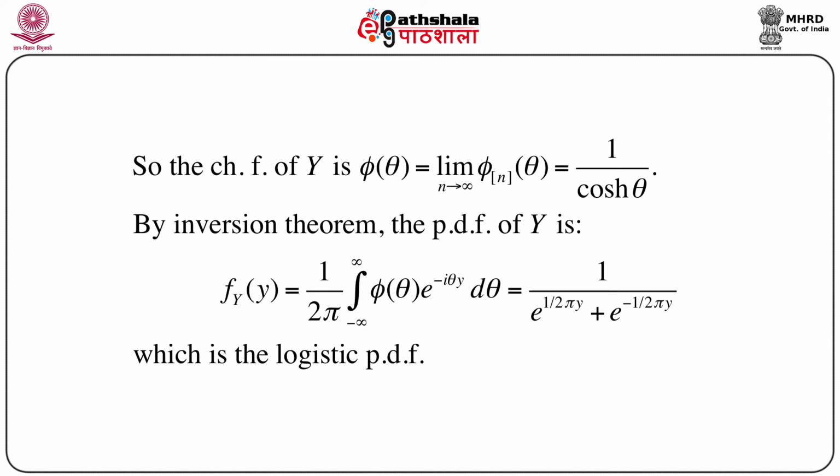In fact, this is the PDF of a logistic distribution, which means that the limiting distribution, in the sense of convergence in distribution or convergence in law, of this sum of random variables is not a normal distribution. So, this example is very interesting, and it is unique in the sense that the limiting random variable is not a normal distribution.